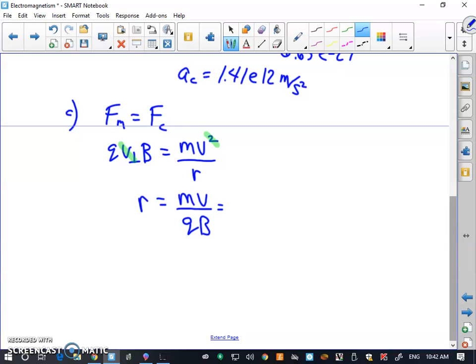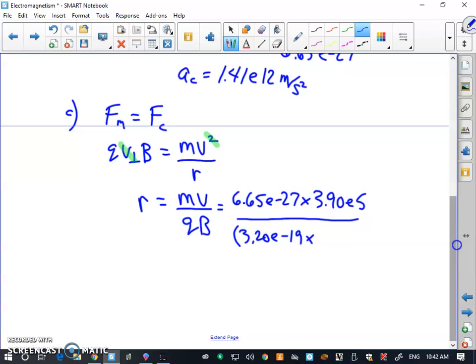Okay, so we've got the alpha particle's mass, 6.65 E negative 27. We multiply that by the speed, 3.9 E5. We divide that by Q. And the magnetic field strength of 75 milliteslas.